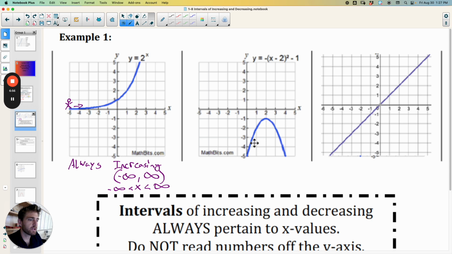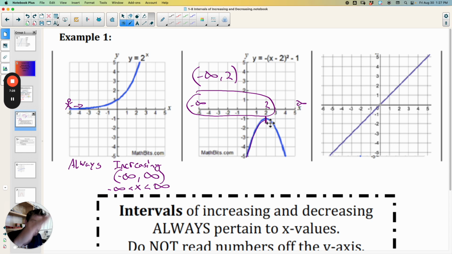Okay, let's look at this one. As we move from left to right, and I always like to write my infinity symbols here, it looks like we're increasing until we get to this point at the very top right here at 2. So we're increasing from negative infinity to 2, not inclusive, meaning I do not include 2, because think about it, at the very top here, there's a split second where you're neither increasing or decreasing, you're just standing still.